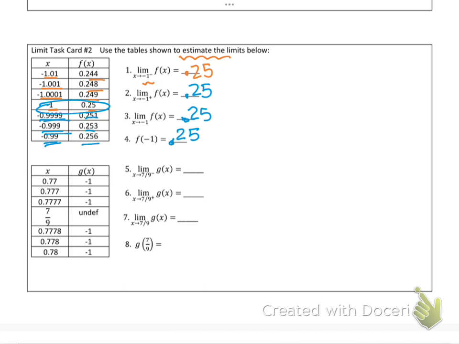Okay, let's look at the table at the bottom. Well, as x approaches 7/9, that 7/9 is actually the decimal value, 0.7 repeating. Actually, I could put an equal sign here. 7/9 is the same as 0.7 repeating.